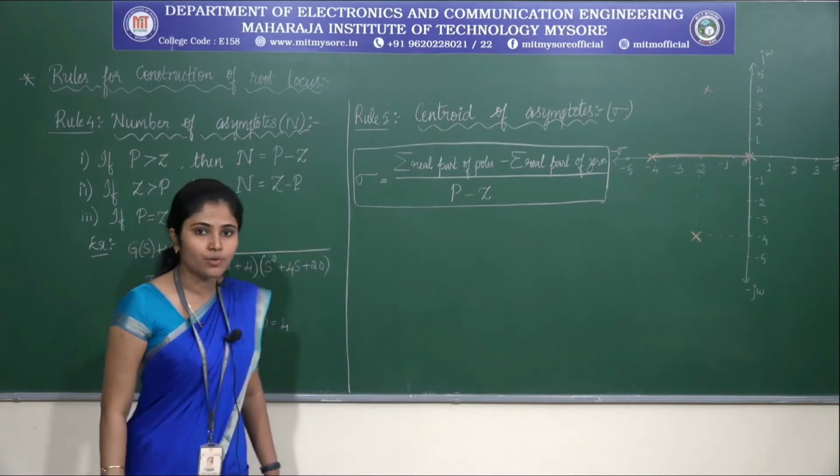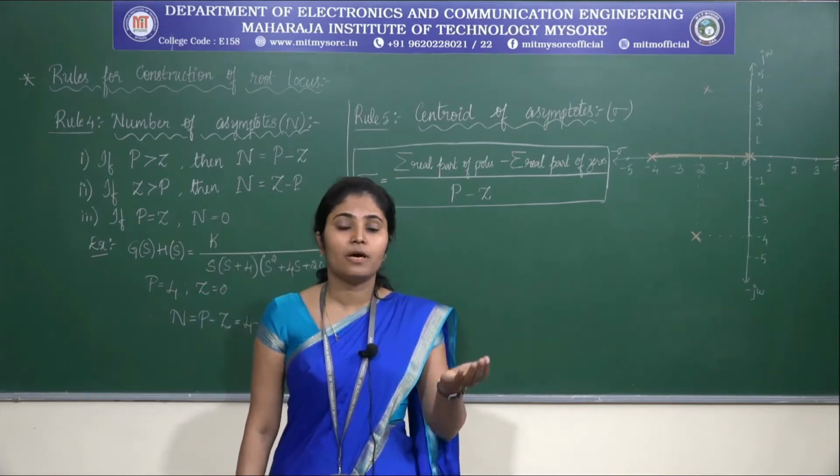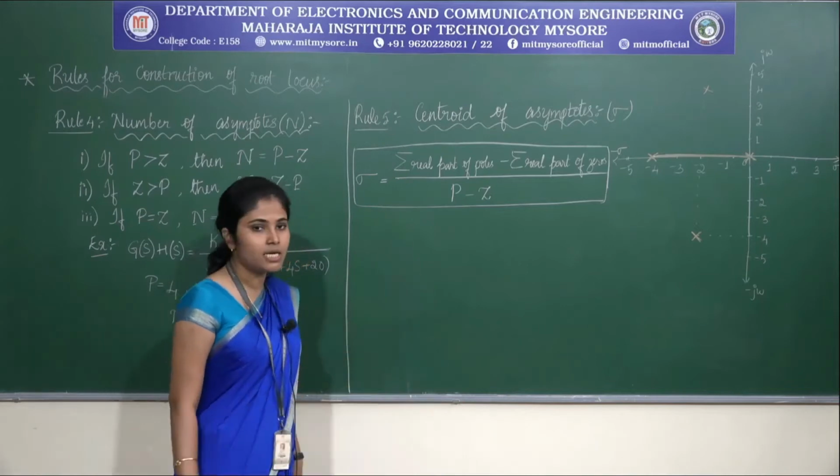What is the centroid? Centroid is nothing but a point on the real axis where all the asymptotes come and intersect. That is the centroid.